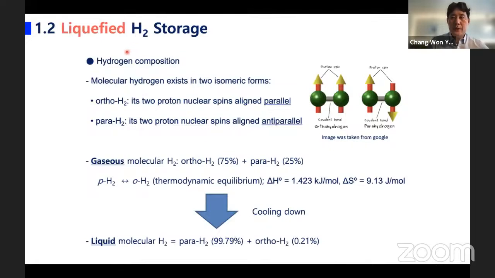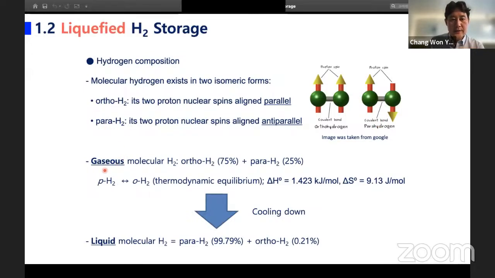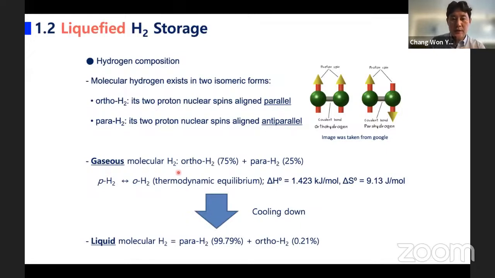And the second method for physical hydrogen storage is liquefied hydrogen storage. If you look at the hydrogen composition, molecular hydrogen exists in two isomeric forms. When the nuclear spins are parallel, we call this ortho-hydrogen. And when the nuclear spins of the two protons are anti-parallel, we call this para-hydrogen. Interestingly, gas-state molecular hydrogen consists of 75% ortho-hydrogen and 25% para-hydrogen.